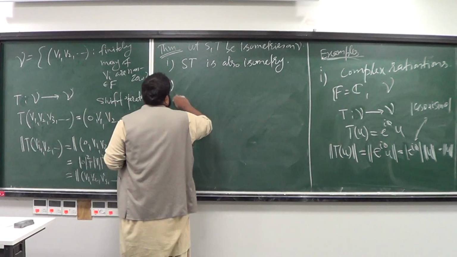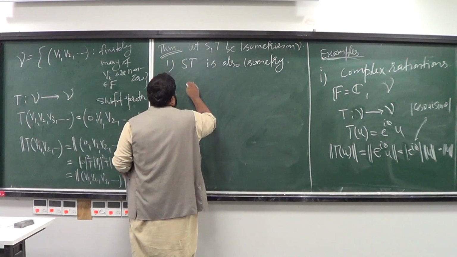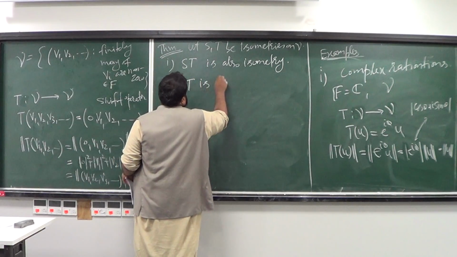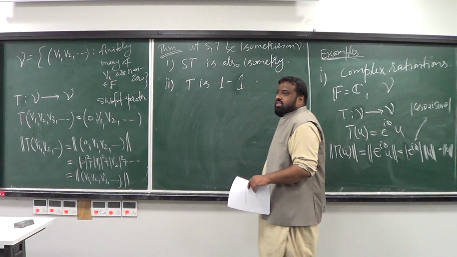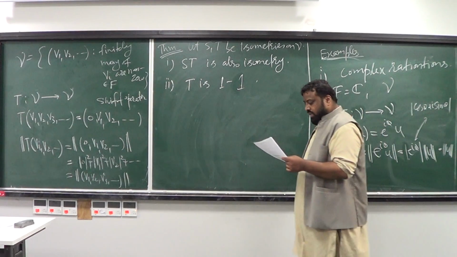If T is an isometry, then T is a 1-1 map actually. All isometries are 1-to-1 maps.